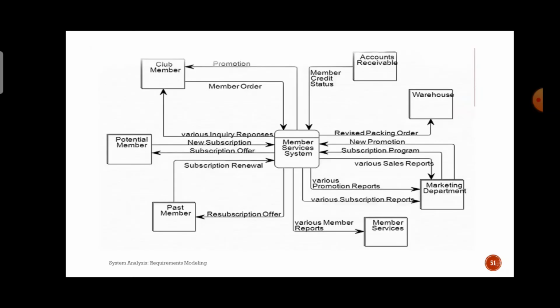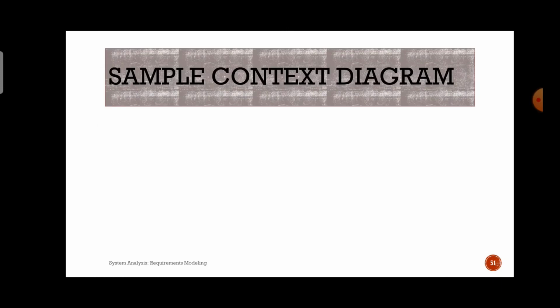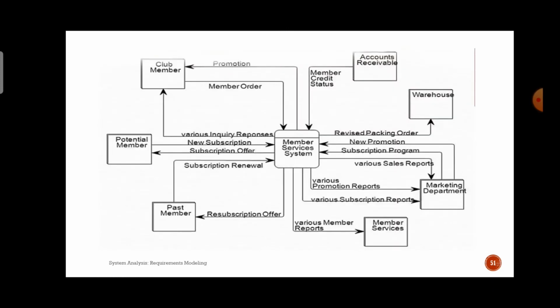This could be an example of a sample context diagram. So this could be the actor, in a square, and the use case could be this promotion, the member order, the name between this arrow.